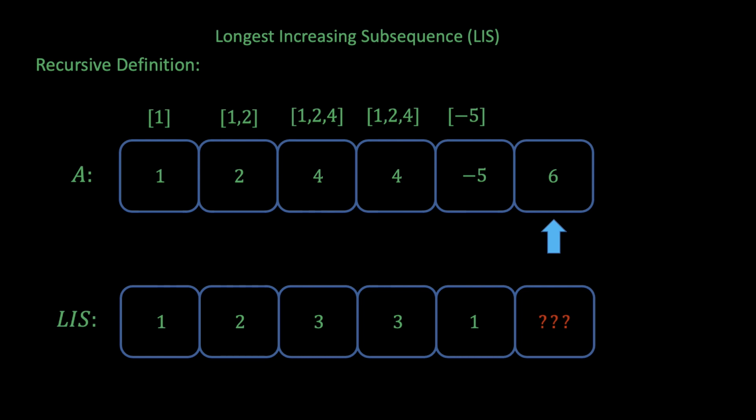I'm sure if you spend enough time, you can come up with this strategy. You will start with a pointer j from index 5 and go backwards. In each step, you can check if aj is less than 6, and if it is, then we add one new candidate for the LIS ending at A6, which is the LIS ending at aj plus 6.